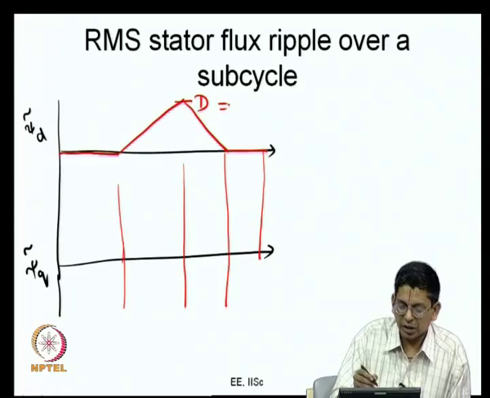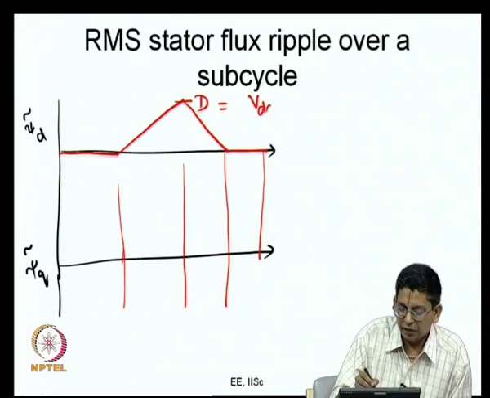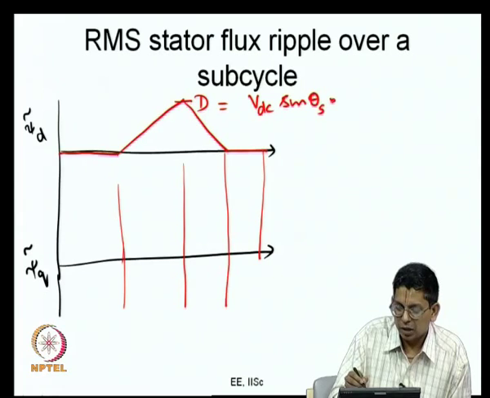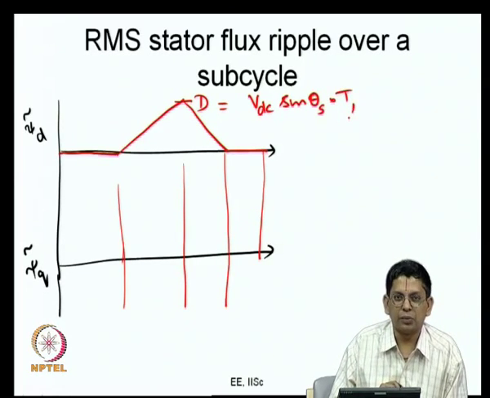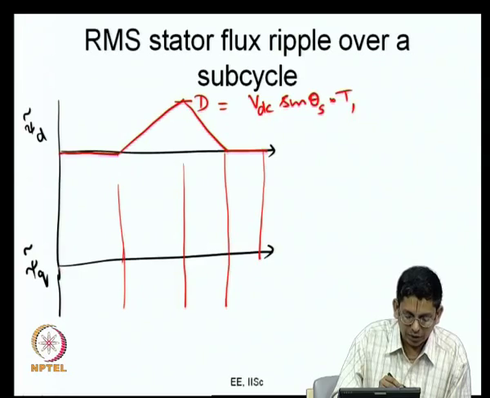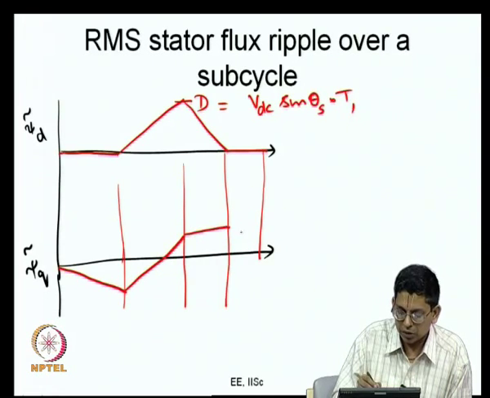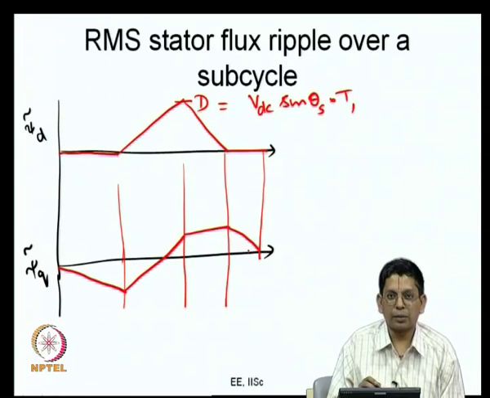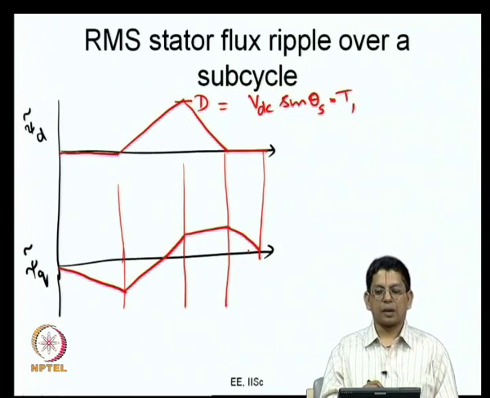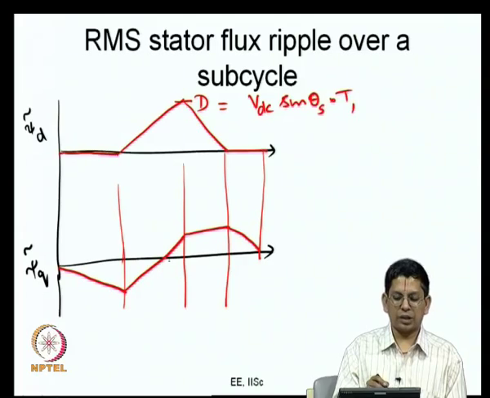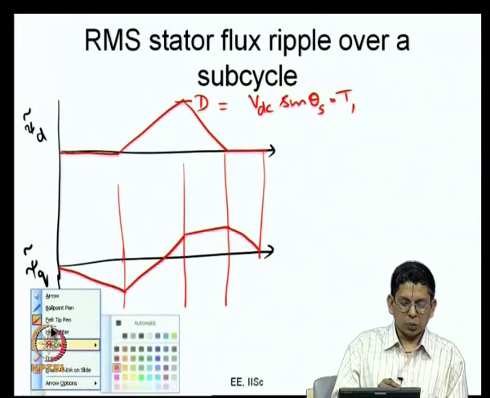What would be the d axis error? Something like VDC sine of theta s, multiplied by T1. If you take the q axis, the q axis ripple is something like this. I am trying to reproduce that here, and we also found out the values at the various switching instants now. What I want to do now is the root mean square value.